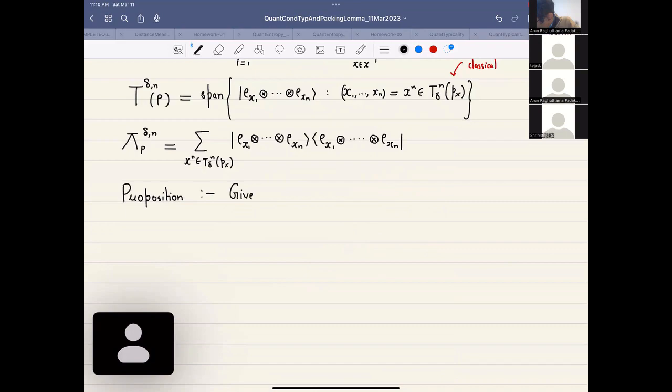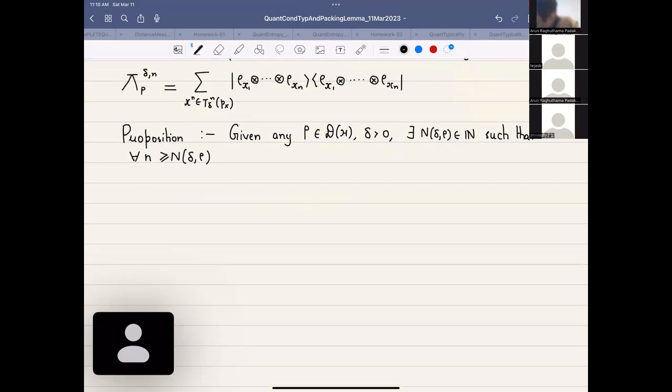Given any rho and delta greater than 0, there exists an index n delta rho such that for all n greater than or equal to n delta rho, the trace of the overlap between the typical projector and the quantum state is very large.